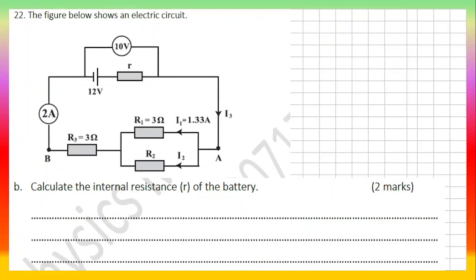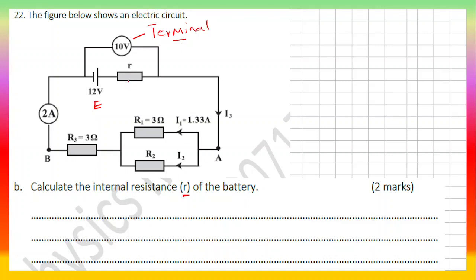Okay, the next one. Here we are being asked to calculate the internal resistance R. So here what do we have? This is the electromotive force. What we have here is what we call the terminal potential difference, what will be supplied.